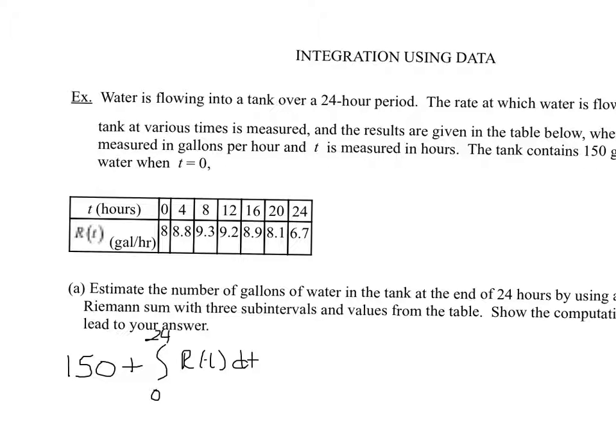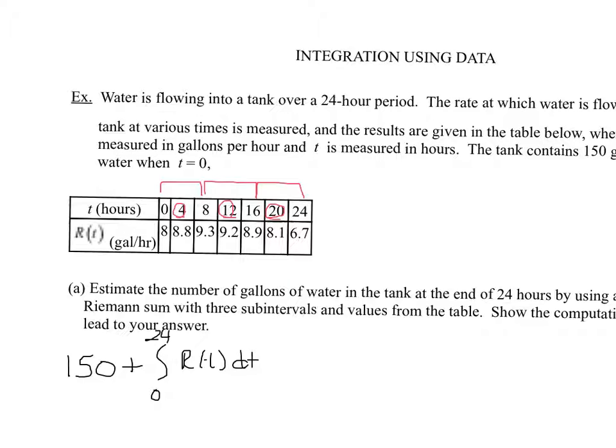We're finding a midpoint Riemann sum, and it tells us 3 subintervals. So if we go back and look at our table, and we divide it into 3 subintervals, we're going to have this subinterval, and this subinterval, right? So the midpoint of the first interval is when time is 4. The midpoint of the second interval is when time is 12, and then when time is 20.